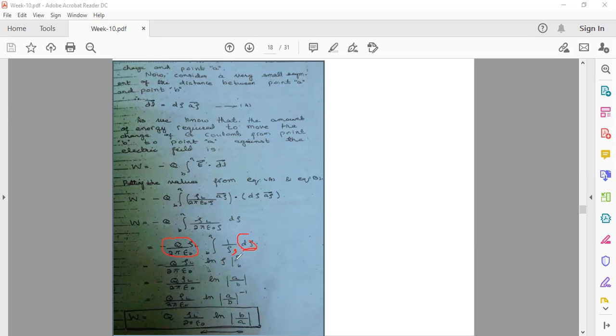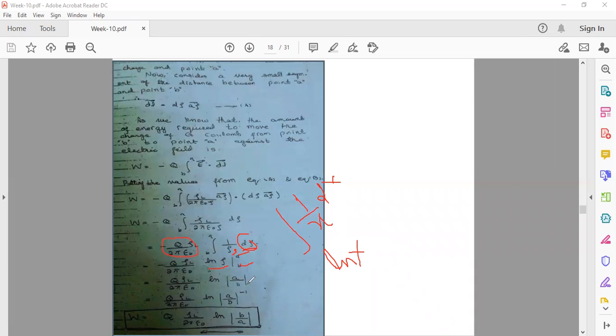So 1 over rho, the integration of 1 over rho is ln of rho, because as we have already studied in calculus, the integration of 1 over x with respect to dx is ln of x. So ln of rho, putting the values, B is the initial point, A is the final point. So ln of A divided by B.